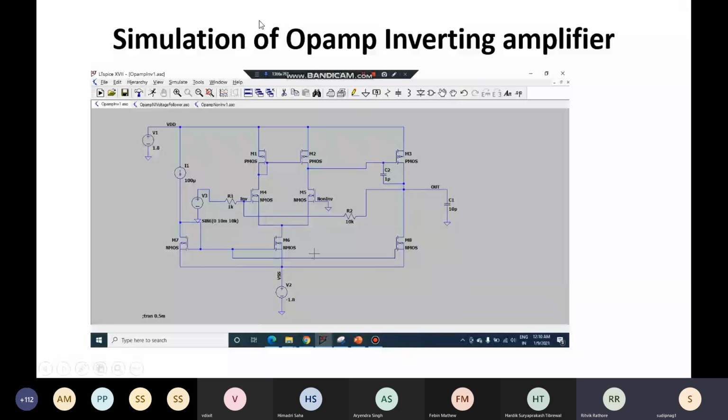So the first thing is the power supply, VDD and VSS, which as per 180 nanometer technology will be plus 1.8 and minus 1.8. Then we are having a current mirror circuit for biasing.